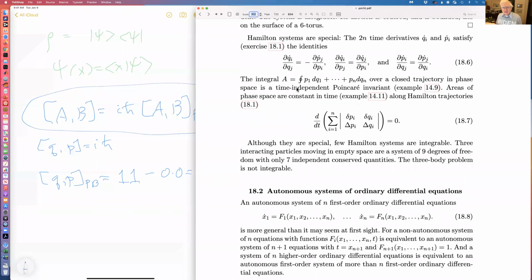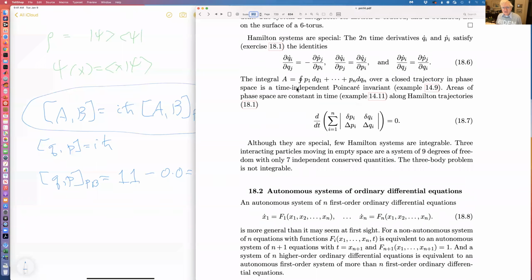Yeah, that's an example in chapter 14. Areas of phase space are constant in time along Hamilton trajectories. But although Hamilton systems are special, few of them are actually integrable.